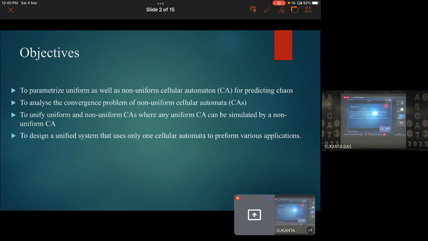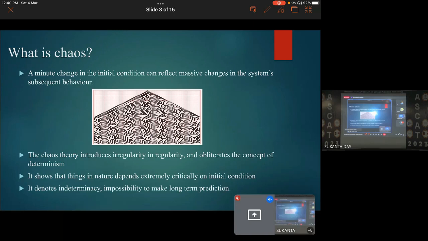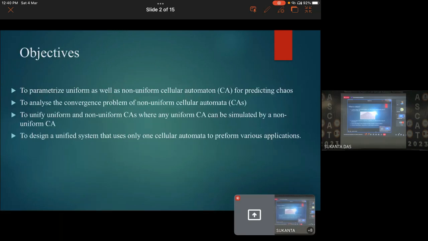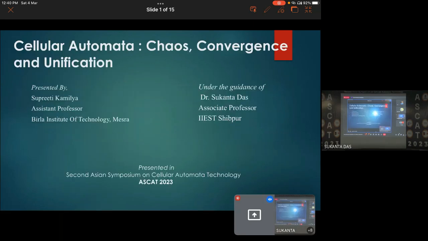If I perform one work using non-uniform CA, is it possible to do it by uniform CA? We will deal with this problem in our third task. Finally, we can design a unified system that uses only one cellular automata to perform various applications. So, as my thesis title says, it is chaos, convergence and unification.